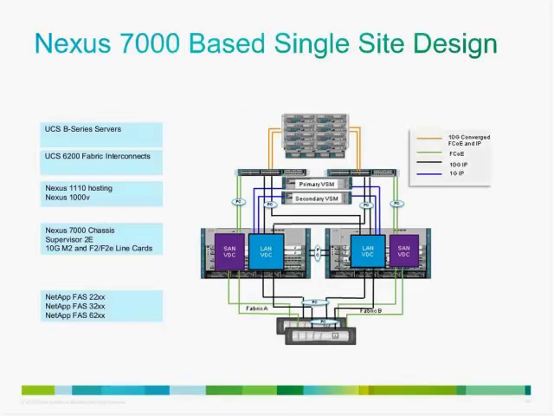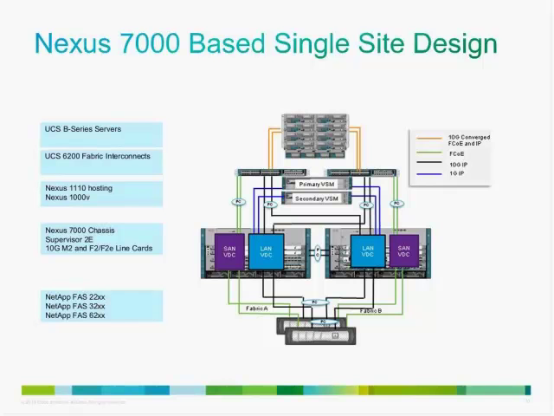We have gone through this architecture before, the Nexus 7000 based single site design. The reason I'm showing this slide again is that our multi-site Nexus 7000 based design is based on the single site design. When we do the multi-site FlexPod, we use the Nexus 7000 based FlexPod design as our base architecture.